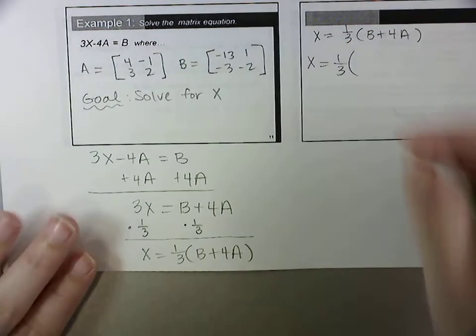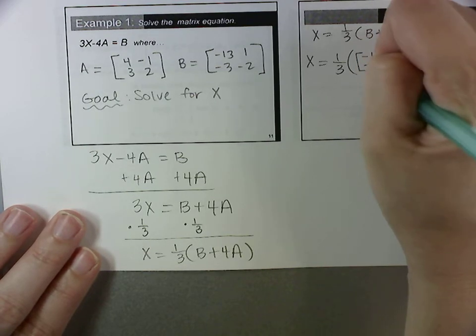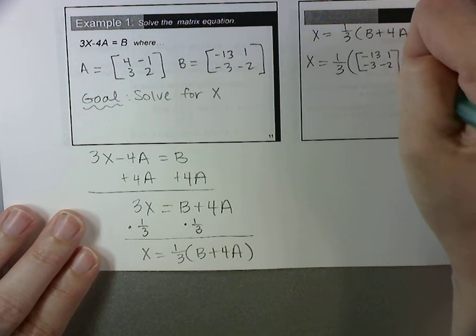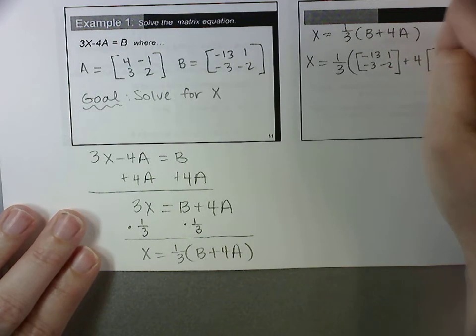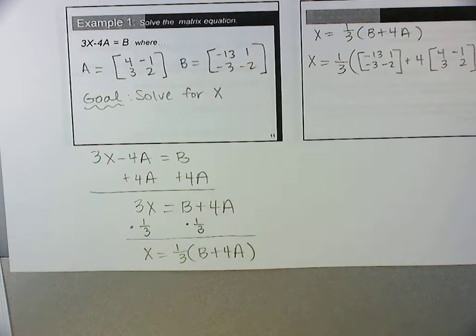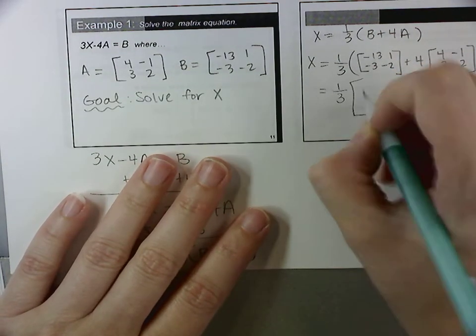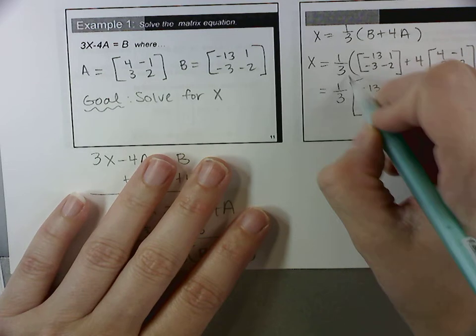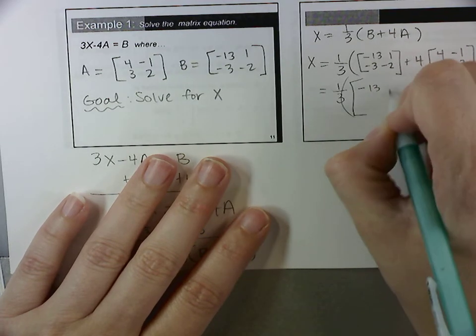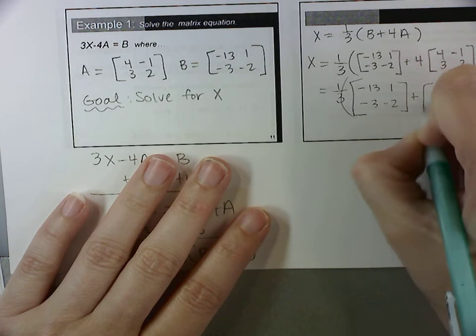Matrix B is -13, 1, -3, -2, plus 4 times A. Now I'm writing this out as 4 times A. When you're doing your homework, if you want to go ahead and distribute that right away, please feel free to do that. So because it's a scalar multiple, I want that to be in parentheses. I have to make sure that I multiply the 4 by every element.